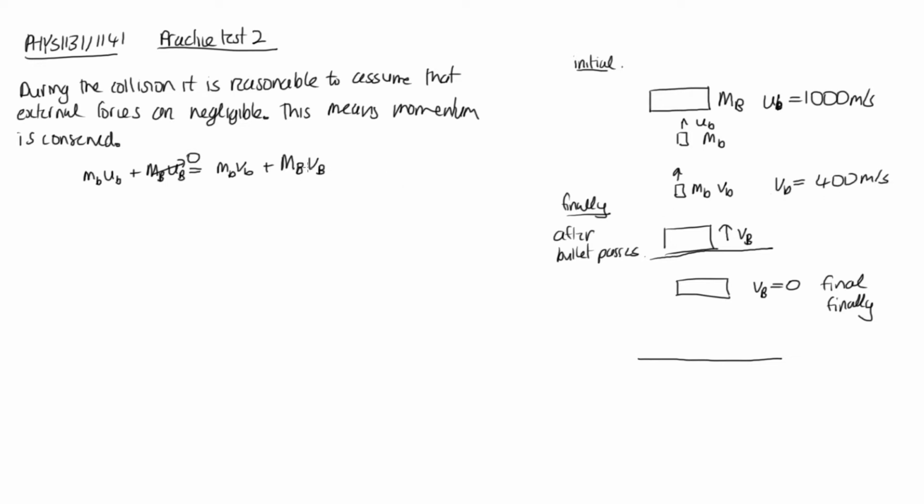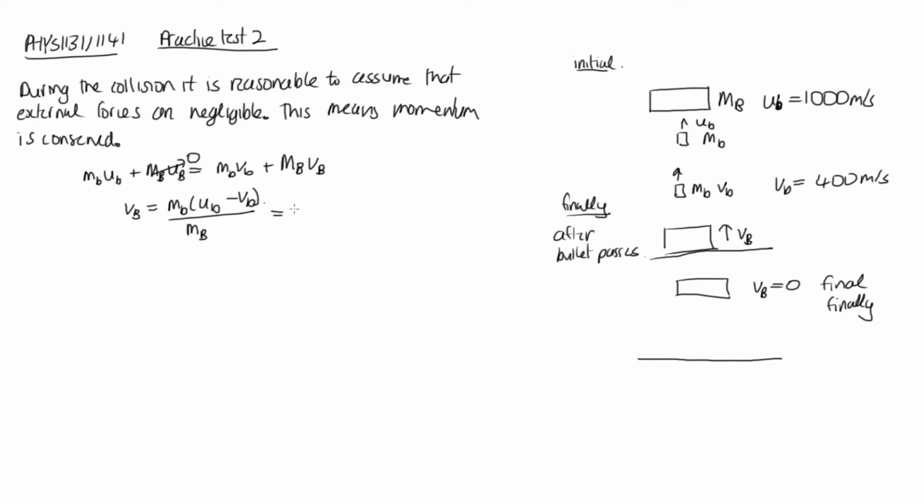So if we know what the velocity of the block is, then we should be able to eventually work out how high it goes. So let's rearrange this equation. We can move this over to this side and write, well, the velocity of the block is equal to the mass of the bullet, which is common between this term and this term. So we've got the mass of the bullet times the initial velocity of the bullet minus the final velocity of the bullet. And then we'll want to divide by this mass of the block.